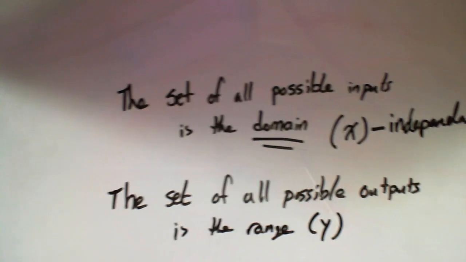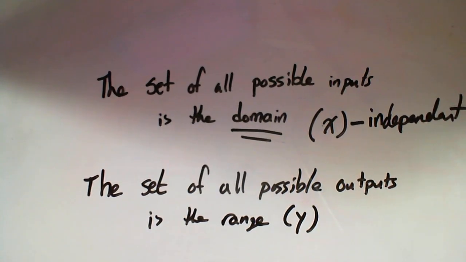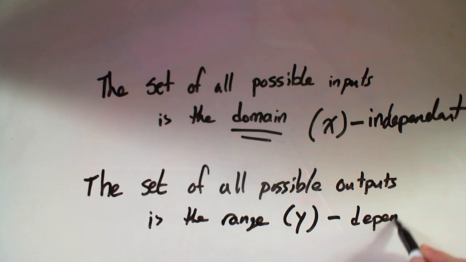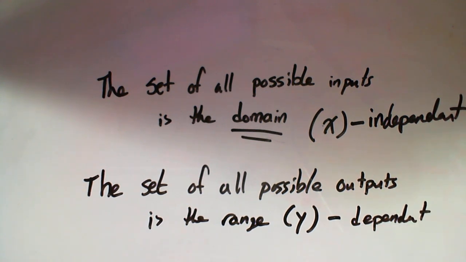Independent because normally we put the x values in and we choose what we want to do there. And then we call the y our dependent variable. Dependent because we usually find the y, and that y is found dependent upon what x value is put in.